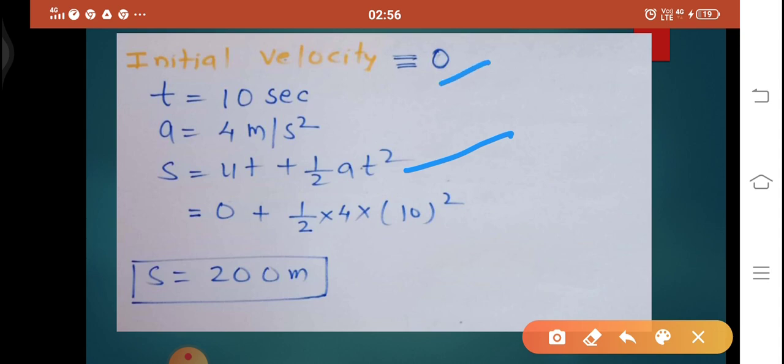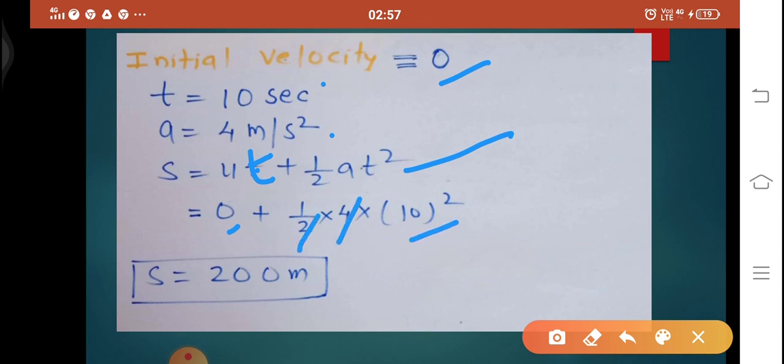Initial velocity is 0, time is 10 seconds, acceleration is 4 meter per second square. A racing car is moving, so positive acceleration. So 0 into t, although time is given here, 0 multiplied by something is 0, plus half into 4 into t square, 10.